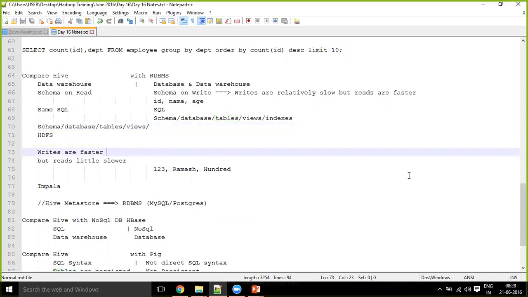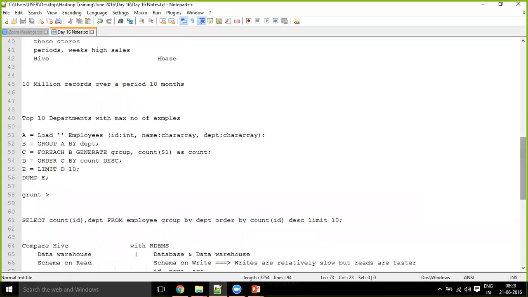Coming to performance, between Pig and Hive there is not much difference. In practical terms they are almost the same because they both submit MapReduce jobs in the backend. Obviously, they are going to take as long as your MapReduce job execution time.